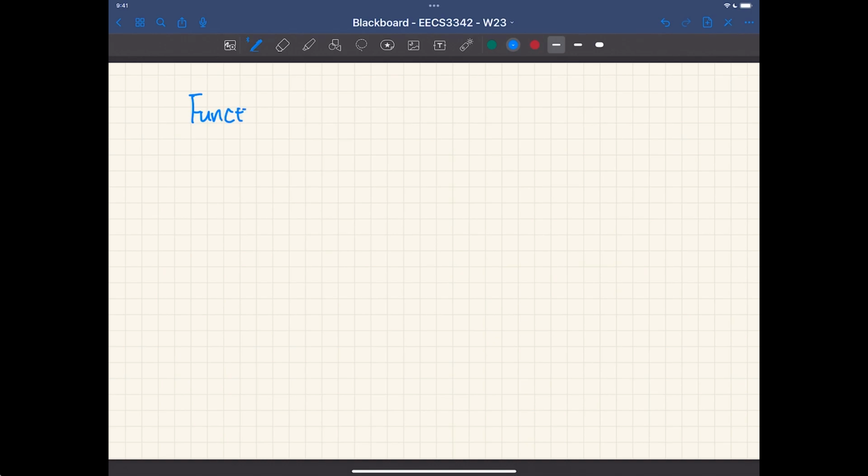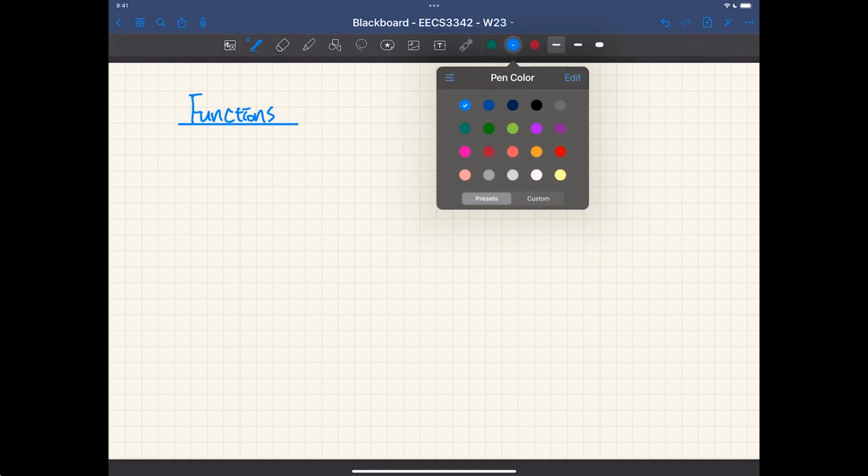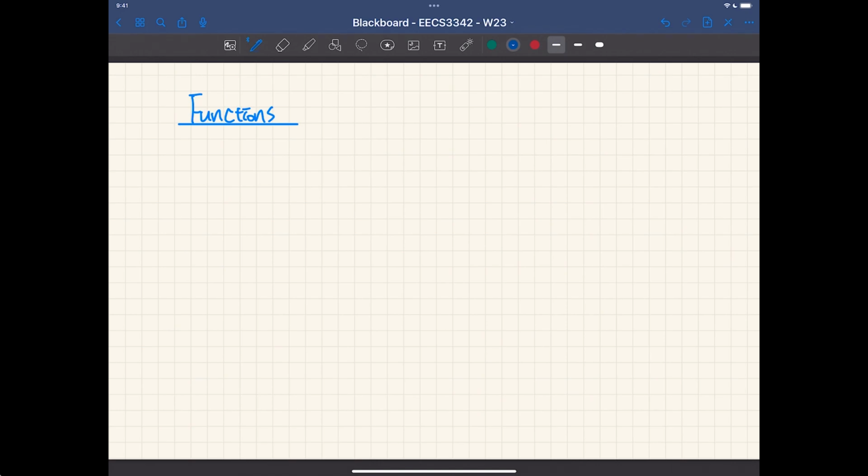Functions. There are 2 aspects, or 2 dimensions, for you to think about. Either we talk about partial function versus total function, partial versus total.